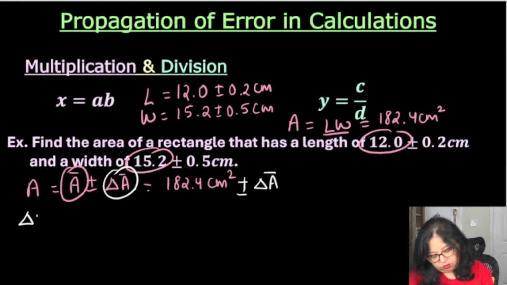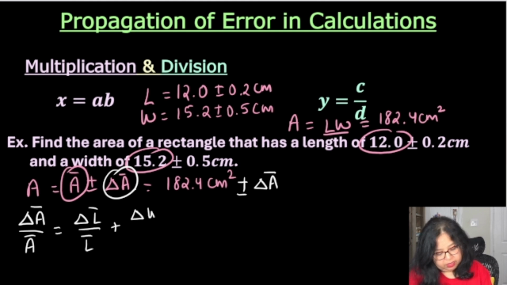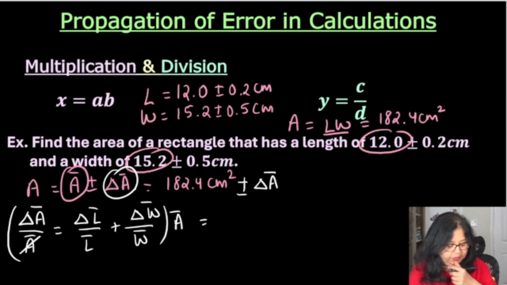To find this, you will write delta A bar over A bar equals delta L bar over L bar plus delta W bar over W bar. And then you can multiply both sides by A bar. What does this give me?